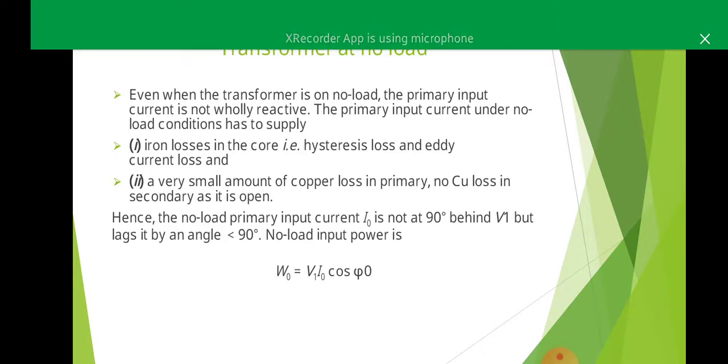On the secondary side, as it is open, there is no load, so we don't have any current. I0 is utilized in two ways: first, to supply iron losses in the core, and second, a small amount of copper losses in the primary.